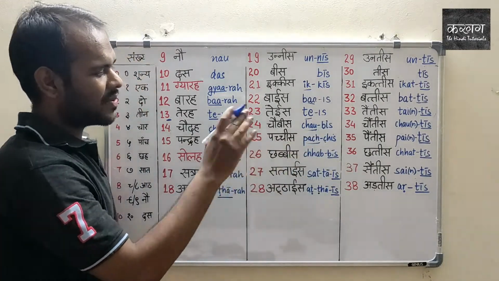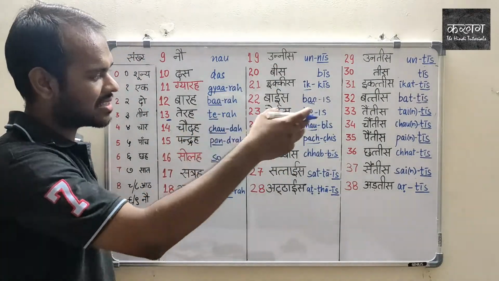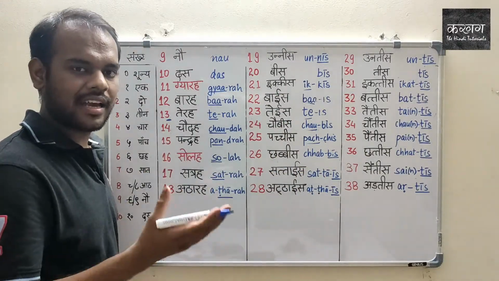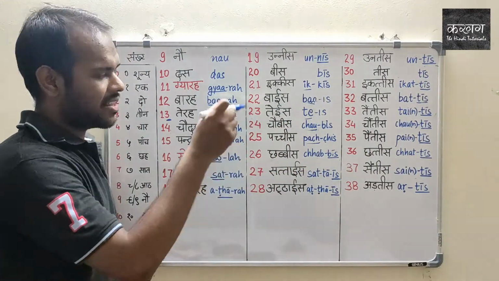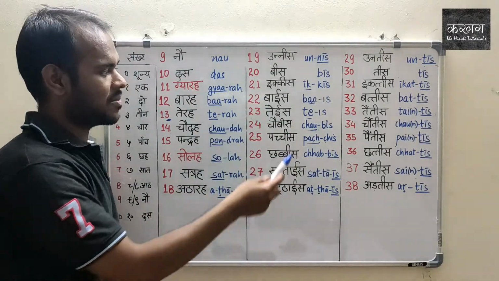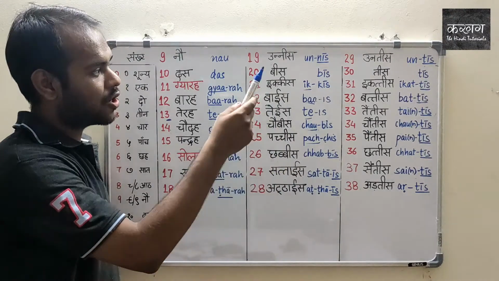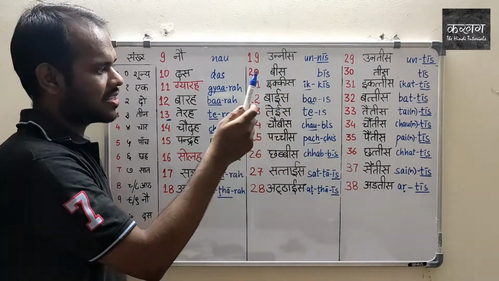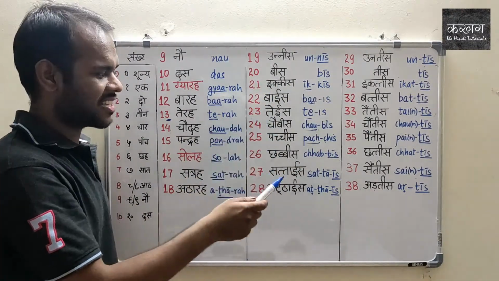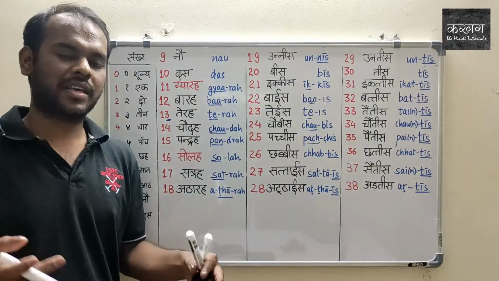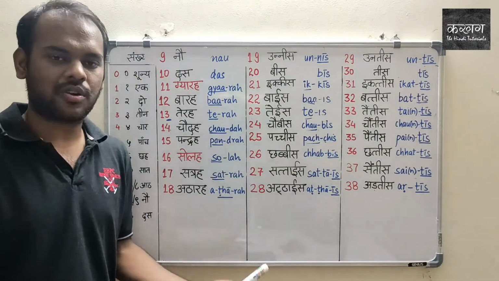Okay? Otherwise they were 21, 22, 23, 24. When we pronounce the E as a short vowel, the stress shifts to the first syllable. 21, 22, 23, 24, 25, 26, 27, 28, 29, 30, 31, 32, 33, 34, 35, 36, 37, 38. So this is how we speak in normal conversations.